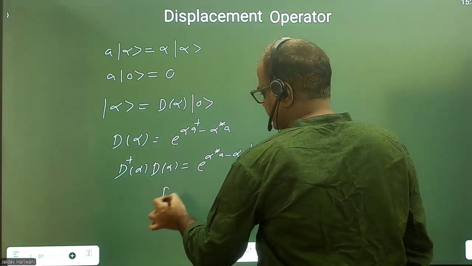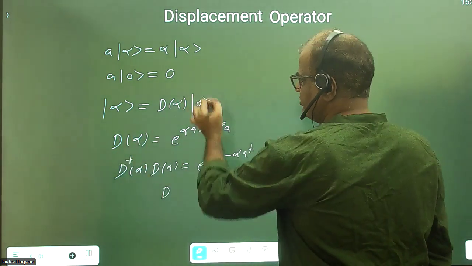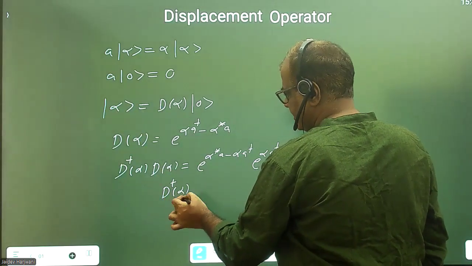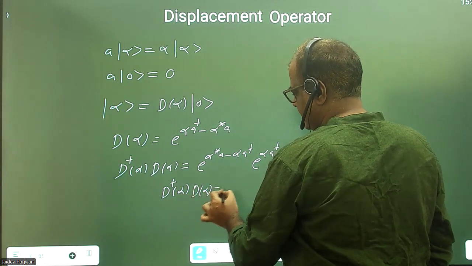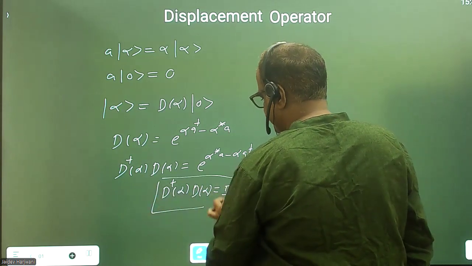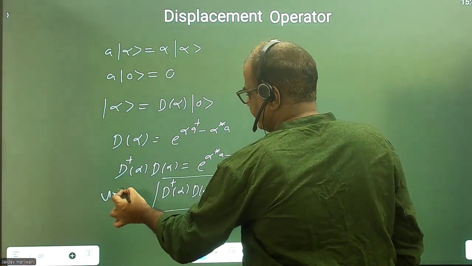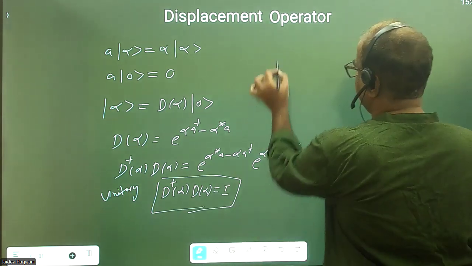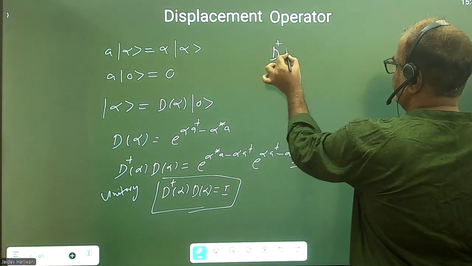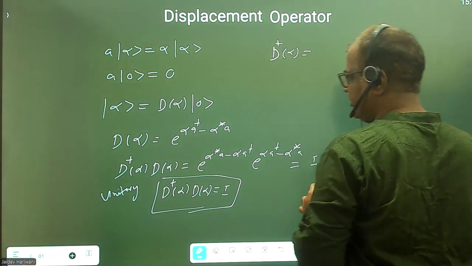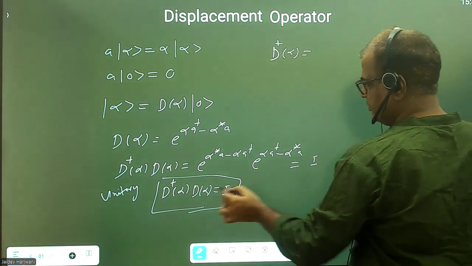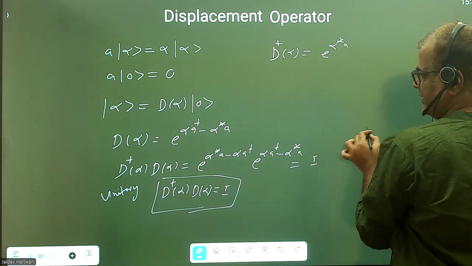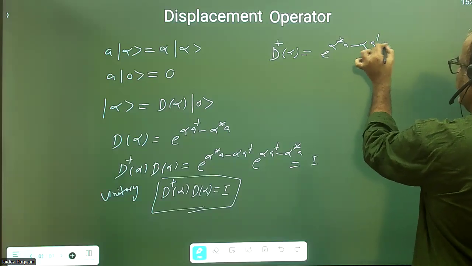So the displacement operator is a unitary operator. When it operates on the vacuum state, you create coherent states. So this is D alpha, and D alpha is unitary. Similarly, we can show that the adjoint of D is equal to, as I just wrote, e power alpha star a minus alpha a dagger.